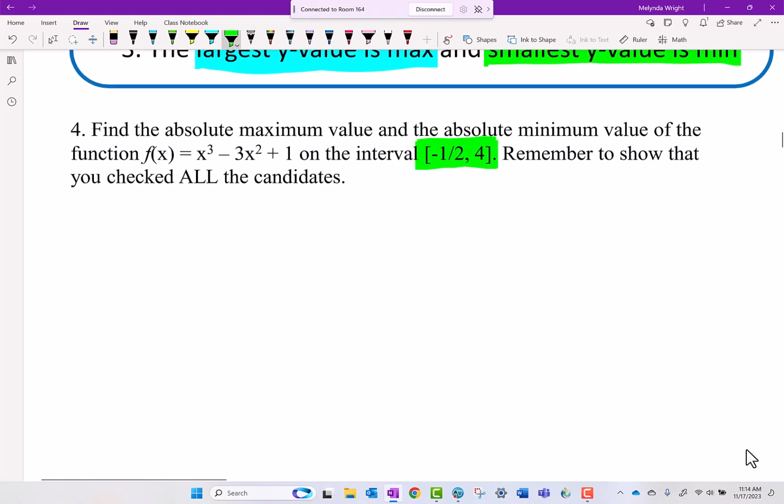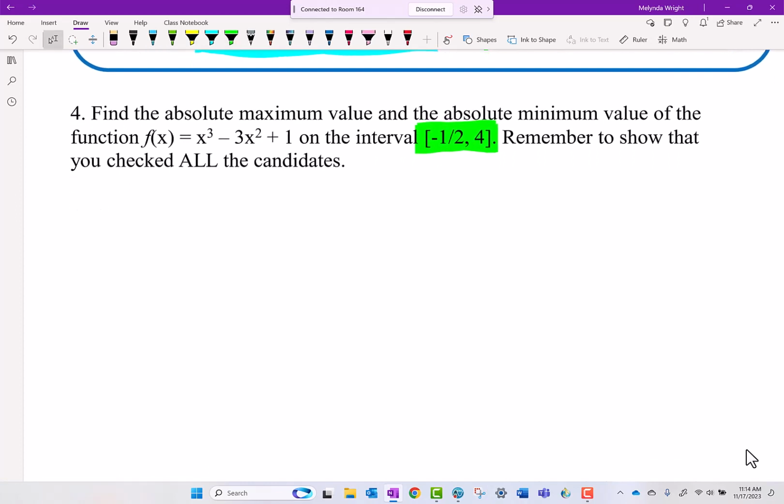Let's find the candidates. So I'm going to start a table over here where I'm going to list my candidates. Really, this is the best place to organize your candidates, to just get them all in one place. It will help you in the long run.